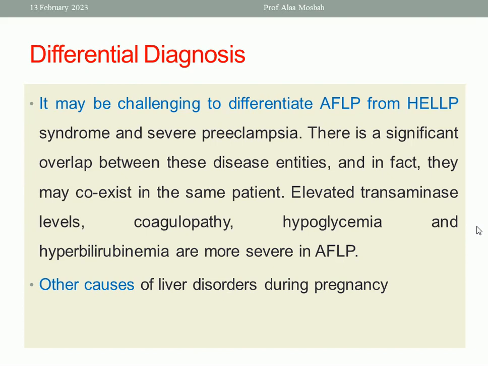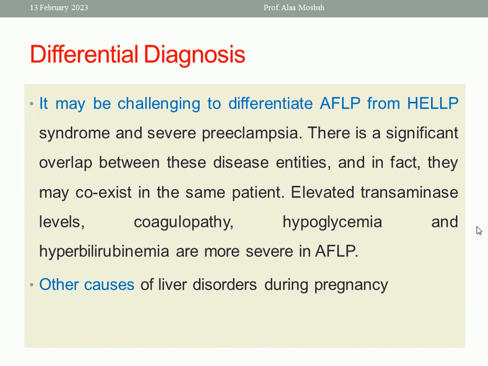But you should know that elevated liver enzymes, coagulopathy, hypoglycemia, and hyperbilirubinemia are more severe in acute fatty liver of pregnancy. What else in differential diagnosis?